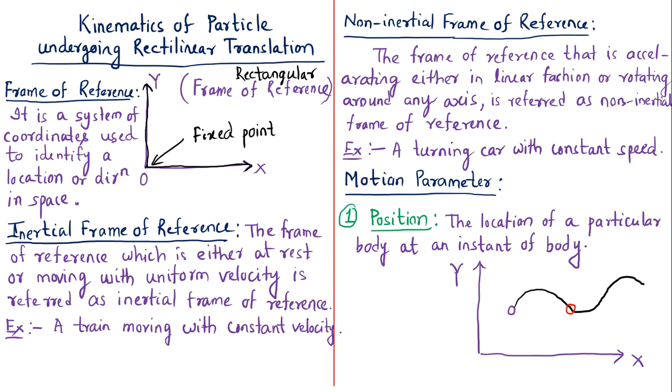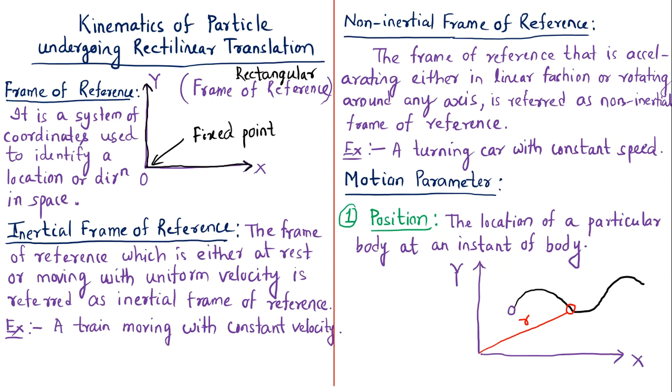That means I have to specify the position. Position means, let the distance from the fixed point be r. If I only specify that r equals 5 meter, the body is at 5 meter, we can't reach that particular body, because from the fixed point there are a number of directions.